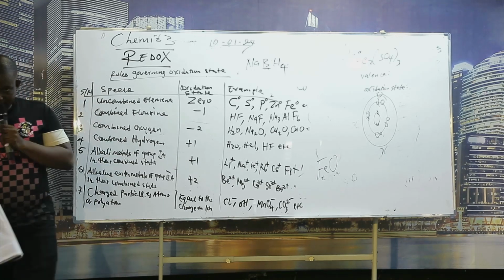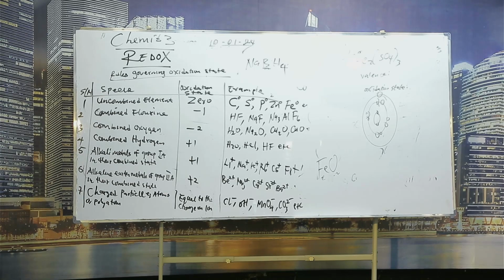Some of your parents married when they were 16 or 17 or 18 years old, and you are now 15. 15 plus 18 is what? 33. From 1990 till now, is it not more than 33? It's 34. I know what I'm talking about.